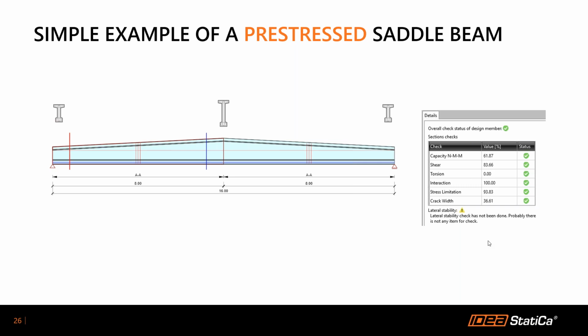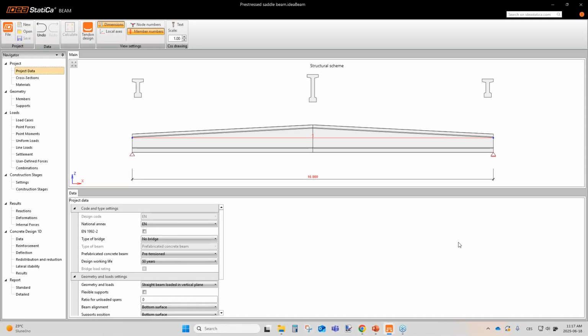So I will go to the application. This is the environment of IDEA StatiCa Beam, and I already have this model prepared. I will not start from scratch, to not use valuable time on preliminary design, but concentrate on this new workflow. As you can see, we have a saddle beam with hinged cross sections.